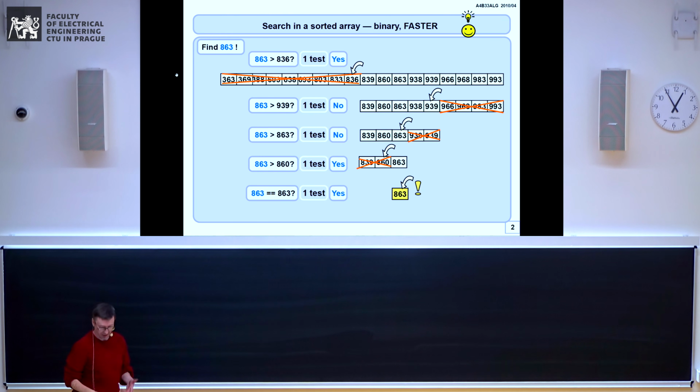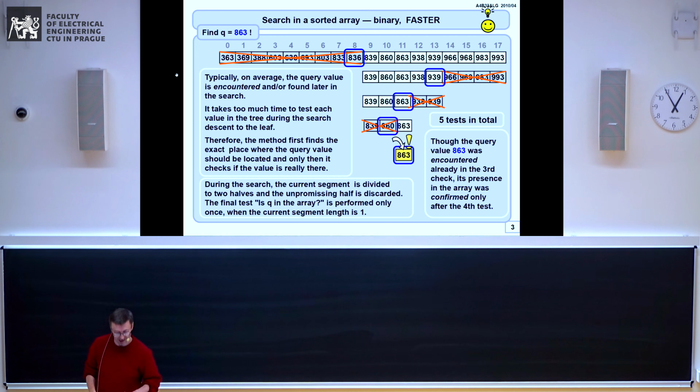As you can see, the next slide tries to explain it in more detail. Typically, if you find a value you are looking for, you will find it later in the search, when you are quite close to the end.